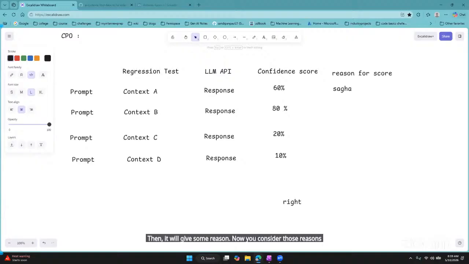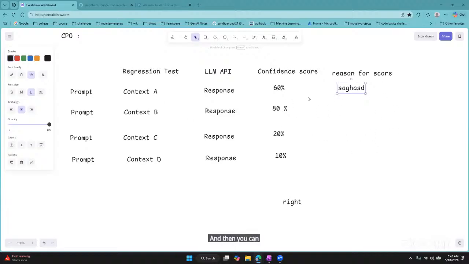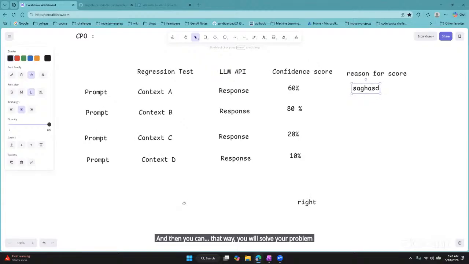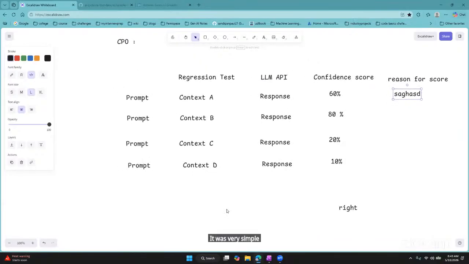Then you read the response, read the reason for that, and then try to improve the prompt or improve the context in your retrieval portion. That way you will solve your problem. It is a very simple and very perfect explanation. This makes sense. Thank you.